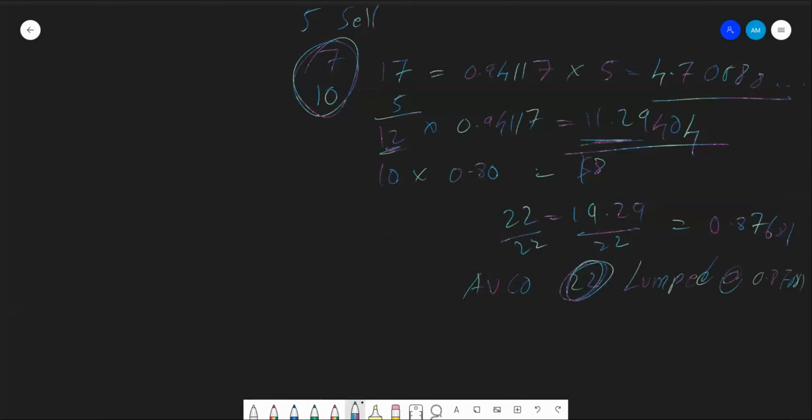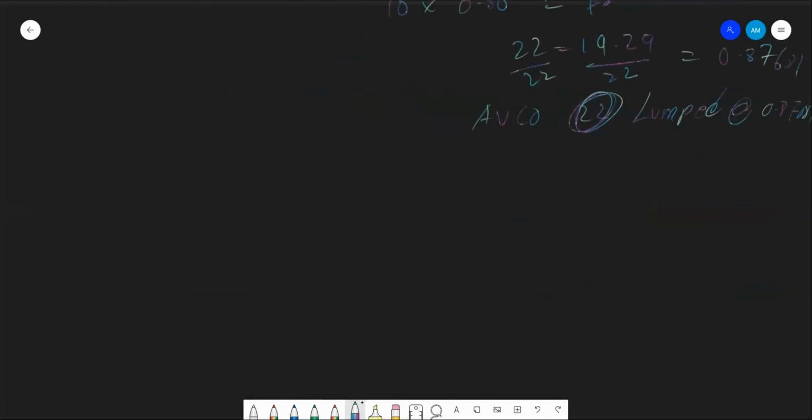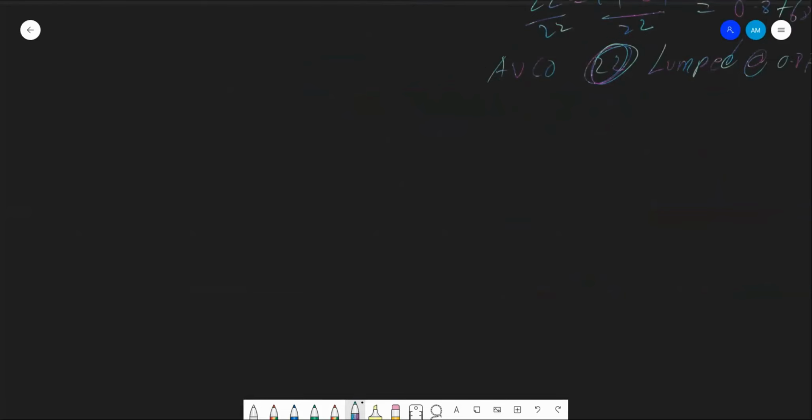Okay, so now for the closing remarks. I think the best way to do it is the AVCO way, because in that way it gives you an average, it tells you actually how much you have in the inventory. It doesn't overstate or understate anything. For FIFO, let's say you have a food industry, right?